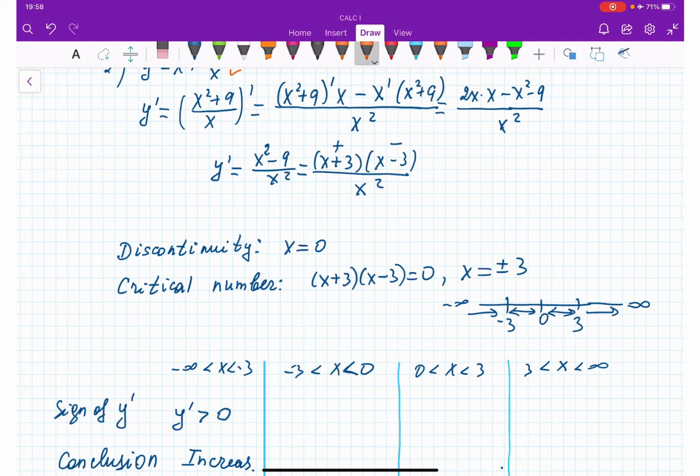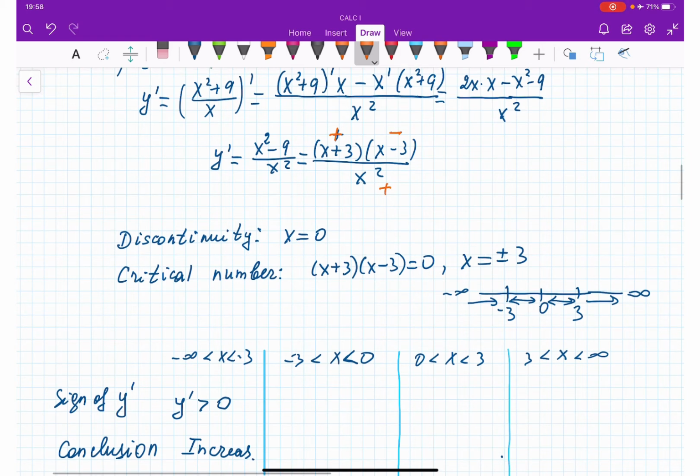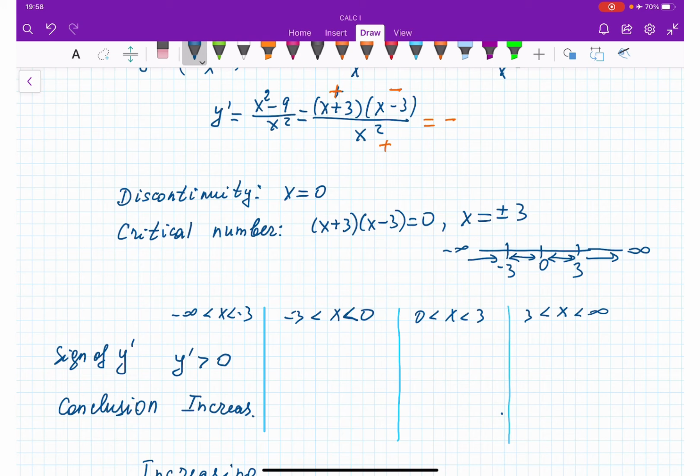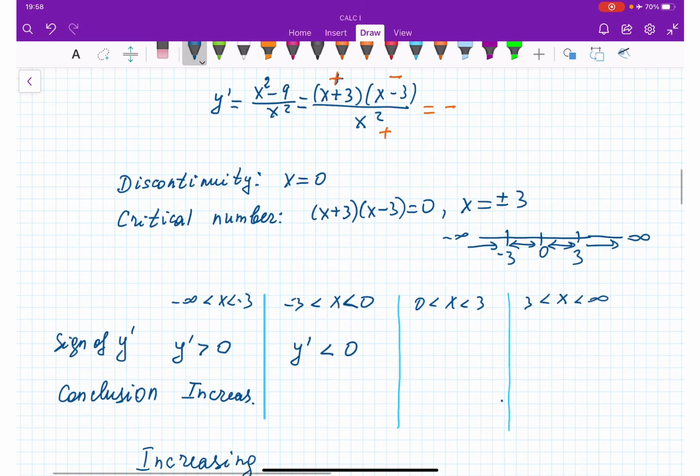Positive, negative, and this is going to be positive because a negative number squared is positive. So the result is going to be negative, right? Which means y prime is going to be less than 0, and the function is decreasing.